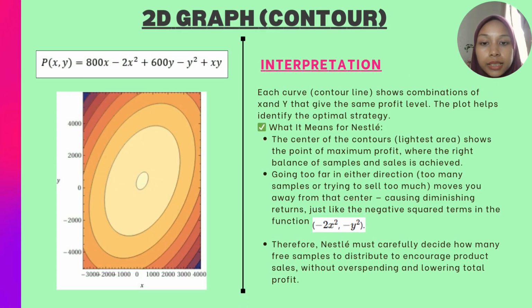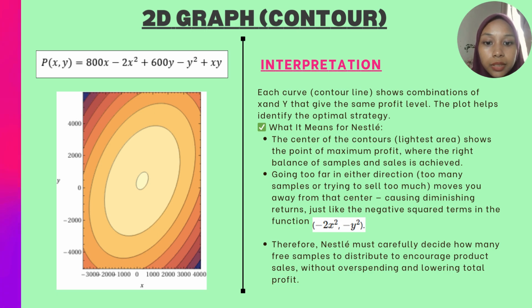As you can see here, this is a 2D graph that I generated using Wolfram Alpha for the contour, using the equation that we had before: 800x minus 2x squared plus 600y minus y squared plus xy. As we can see in the graph, each curve in the contour line shows a combination of x and y that gives the same profit level.